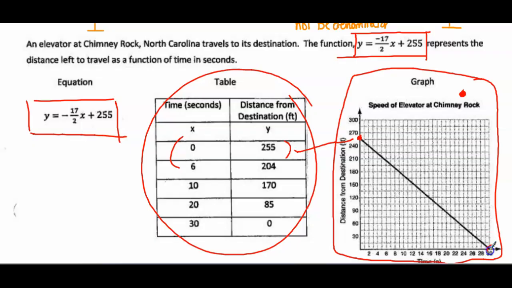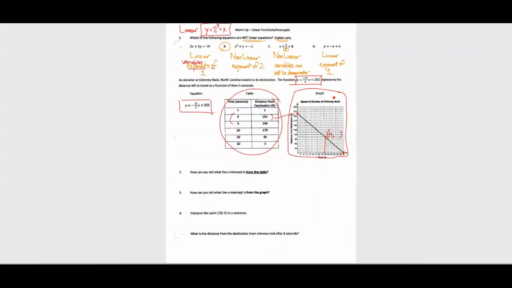And I know that this is 30, 0 over here. Are you allowed to guesstimate what this is? No, because I don't have anything in my table that tells me 17, comma something. So make sure you realize, unless you have accurate data, you can't guesstimate where certain points are unless you see them. So I'm going to make this larger now.